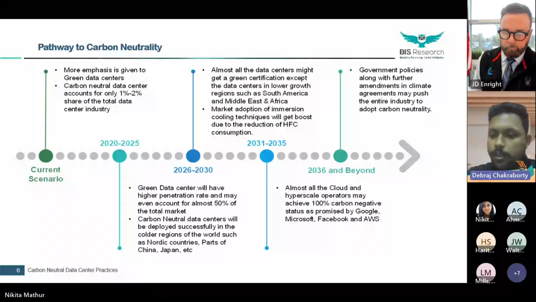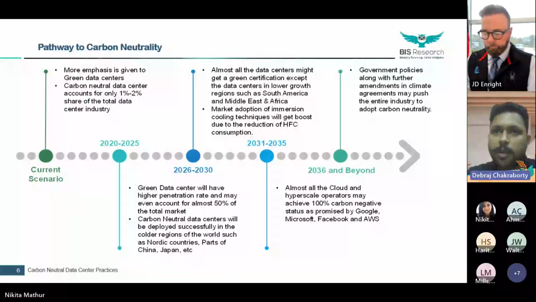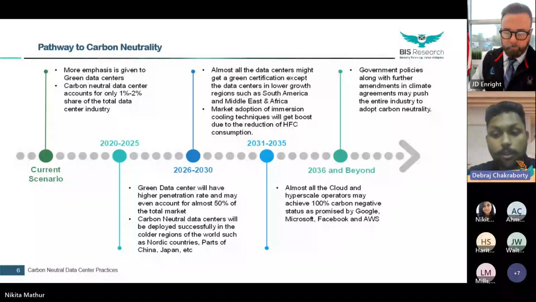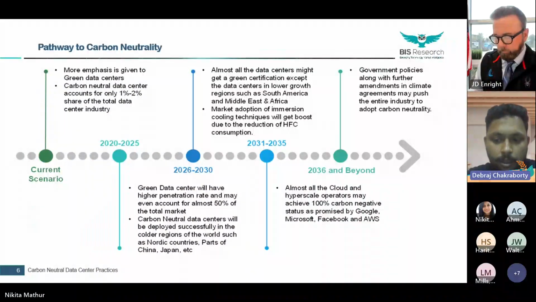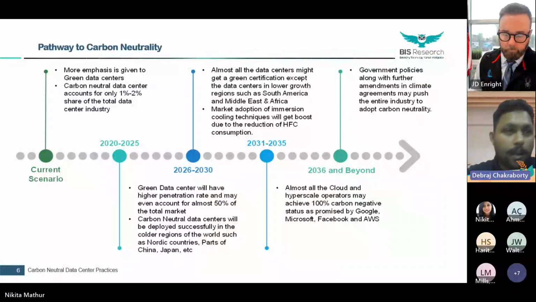At least 50% of the overall data center market, especially in the developed nations or the markets that we call FLAP, France, London, and Frankfurt, and of course US, will have 50% of its data centers running on renewable energy, either through agreements from the local vendors or in-campus production.